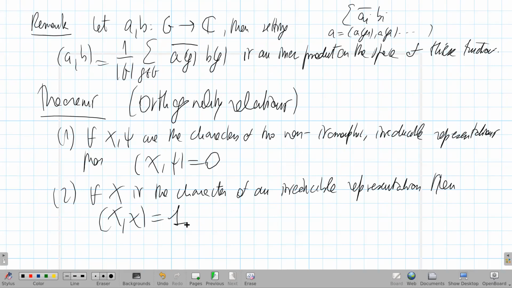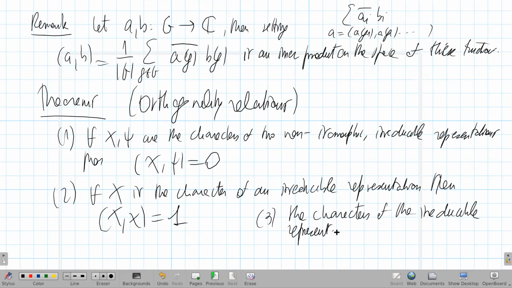So summing up, the characters of the irreducible representations are orthonormal with respect to the inner product above.